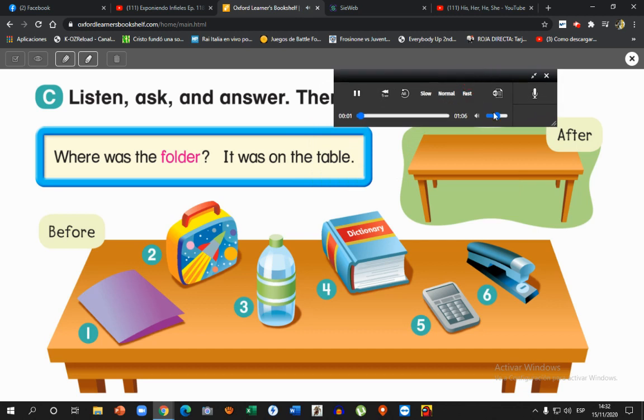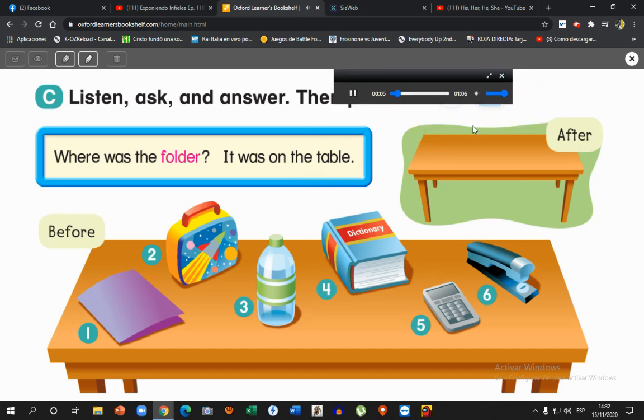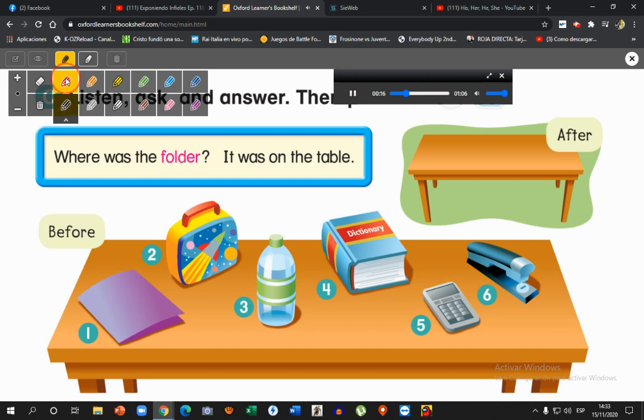Page 73. C. Listen, ask, and answer. Then practice. Where was the folder? It was on the table. 1, Where was the folder? It was on the table. 2, Where was the lunchbox?